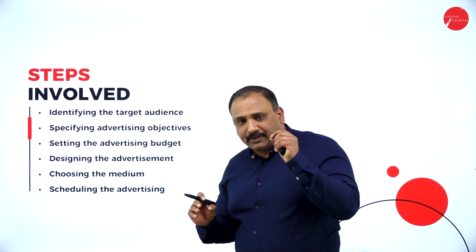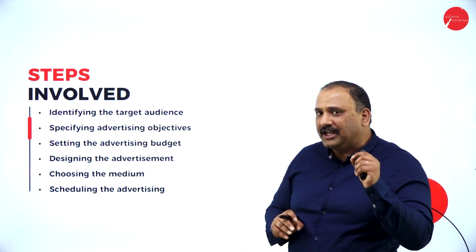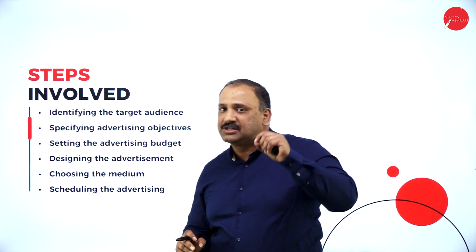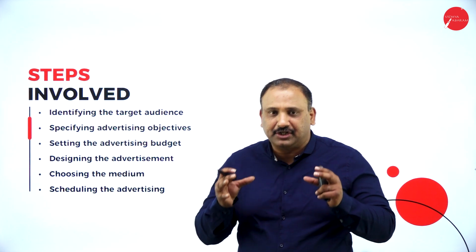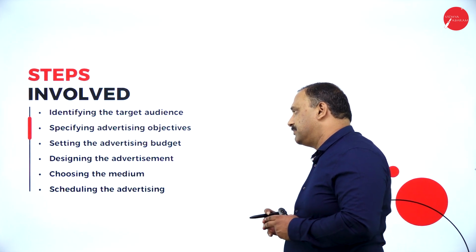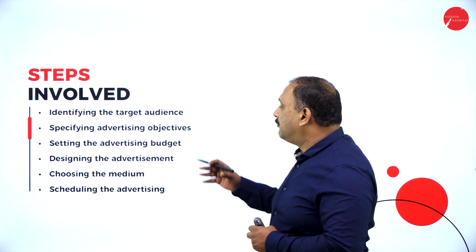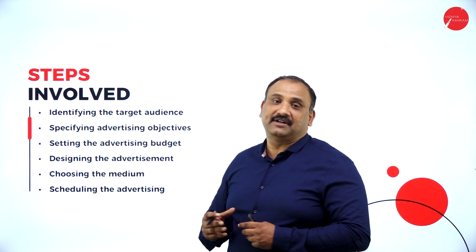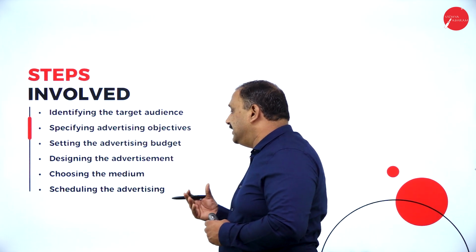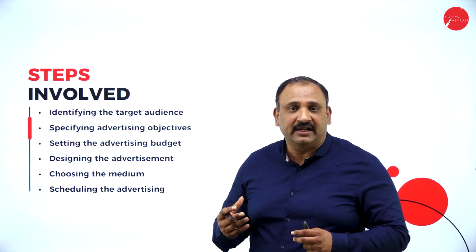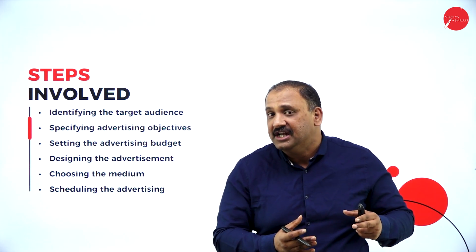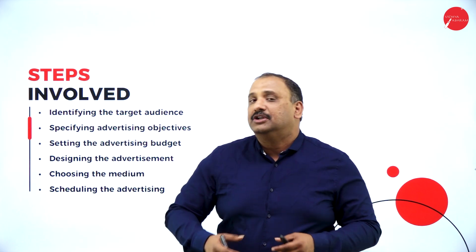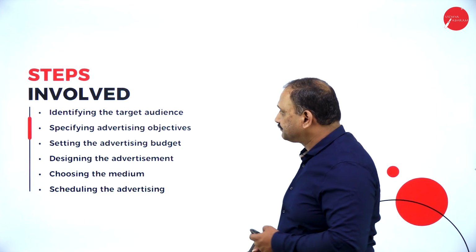And now you need to bring that specific objective, why you are trying to put that advertisement to that set of people. Followed by what is your budget to do this particular advertising project or the program, followed by the design of the advertisement. Then you start choosing the medium, and then you start scheduling the entire advertisement, which means to say that you have now got ready to build in the program.